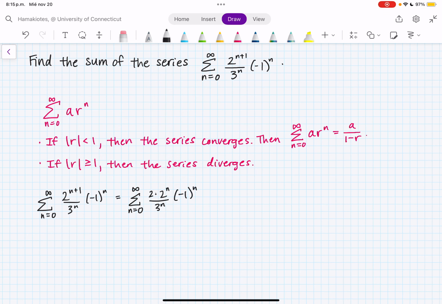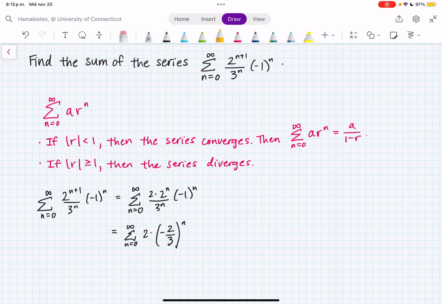And now I see that I have 3 things raised to the nth power, so I can collect them all together and write this as the sum from n equals 0 to infinity of 2 times 2 over 3 times minus 1, so I'll just put the minus sign here, and this is all raised to the n power.